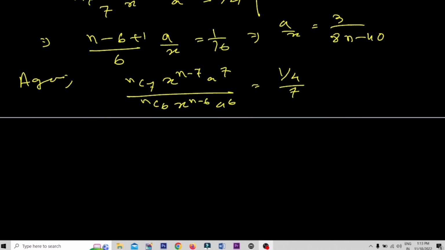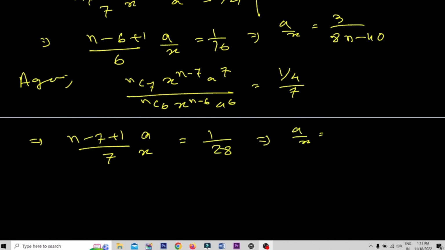If we apply the condition, we are getting ((n minus 7 plus 1) by 7) a by x equal to 1 by 28. Therefore, a by x equal to 1 by (4n minus 24). So this is number 1, this is number 2.